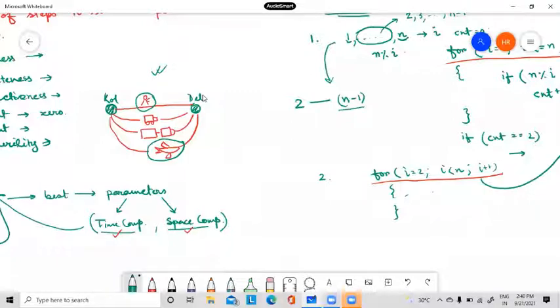What is that? If you are taking less time, your space complexity will increase, your cost will increase. Similarly, if you try to minimize the space or cost, your time will increase. So there is always a trade-off between space complexity and time complexity.